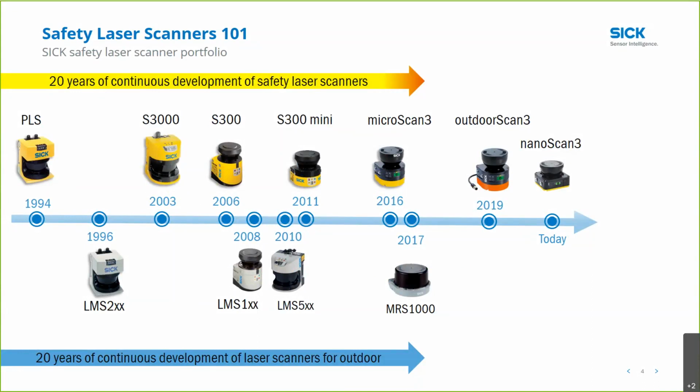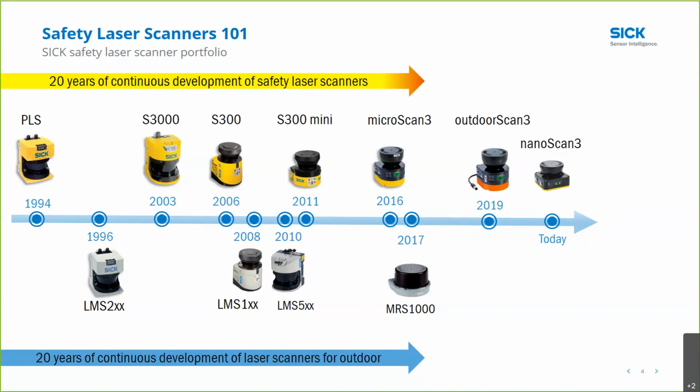A bit of interesting trivia there. The PLS was in operation, well, actually is still in operation today in quite a few plants. You'd be surprised. About 9 years later, SICK came out with the next iteration of their safety laser scanner with the S3000. And then just a short 3 years later, launched the S300, which is the smaller form factor between the two.